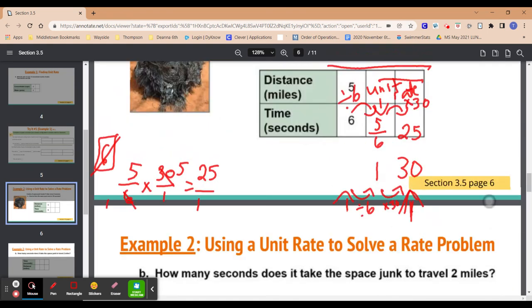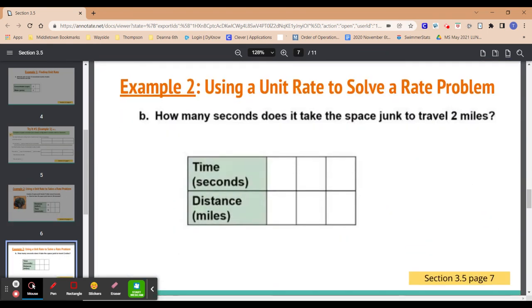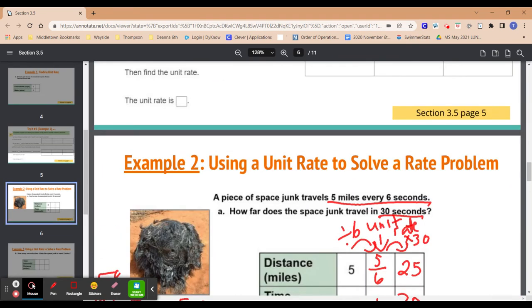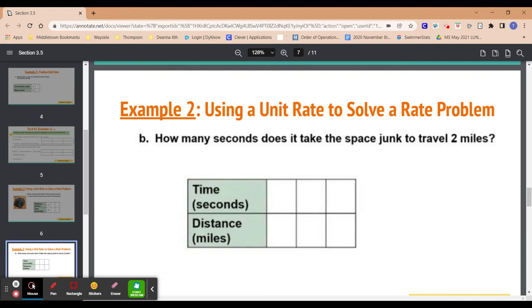Okay, so now let's go to example 2. So example 2, we're doing the same thing, except this time they do not give us any information, but we can go back to the top, the previous problem, problem A, to figure it out. So it says 5 miles every 6 seconds. So now instead of saying miles to seconds, it's saying seconds to miles.